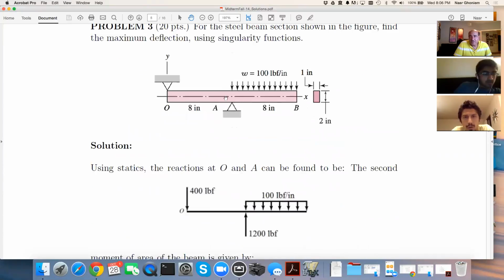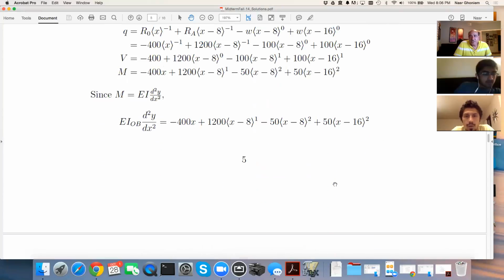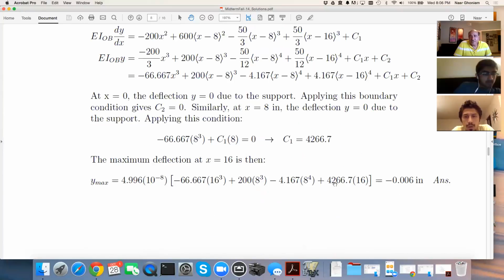So it's a little bit different. You have one displacement here is 0, one is 0 here, instead of at the end, because the end is going to deflect. And when we put these two conditions, we can find C1 and C2 and determine the maximum deflection. It says, determine the maximum deflection.